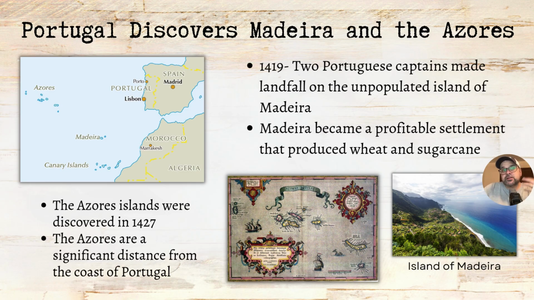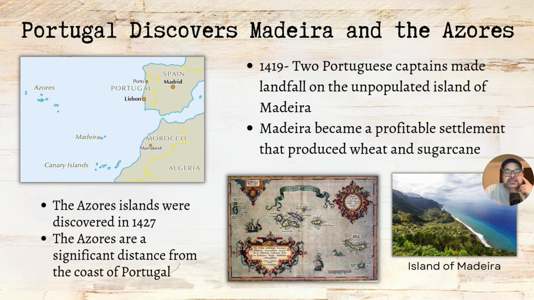Portugal would also then later claim another set of islands, which were a little further out west than Madeira. And if we remember to a map I showed you in 4.1, when the Portuguese really start to discover ocean currents and then wind patterns and things like that, this really makes sense, right? Sailing south towards Africa, then over to the west just a bit until they picked up that northern current, which would then push them to the winds that would push them back towards Portugal.